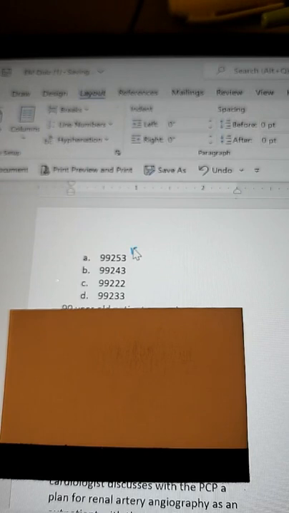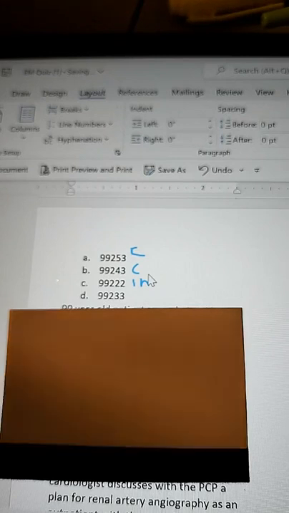That is consultation. 243 is office consultation. That's initial hospital. And what is 33? 33 is subsequent. Subsequent.